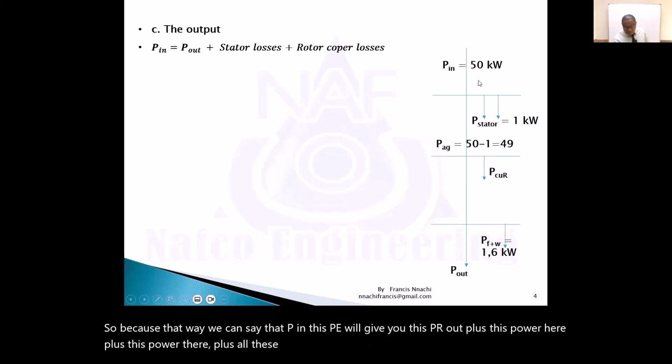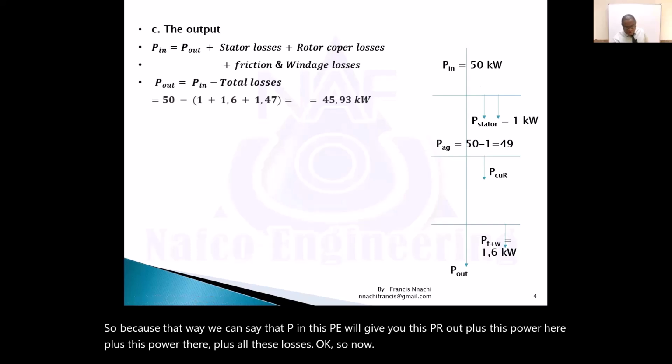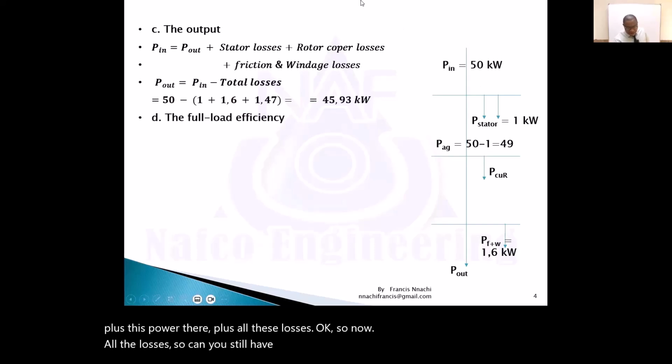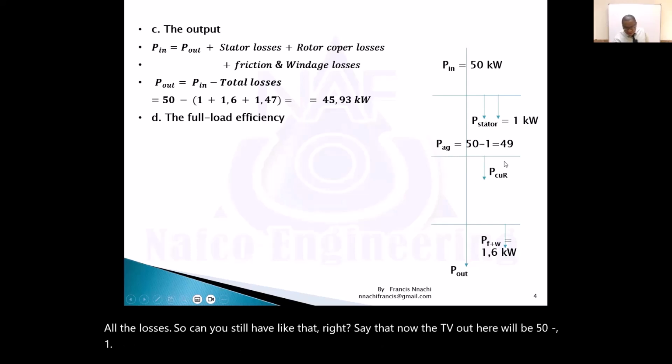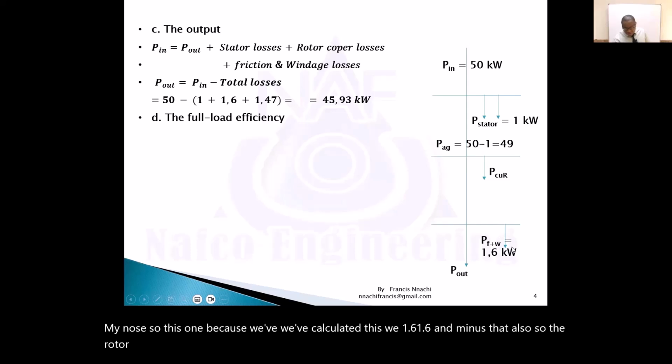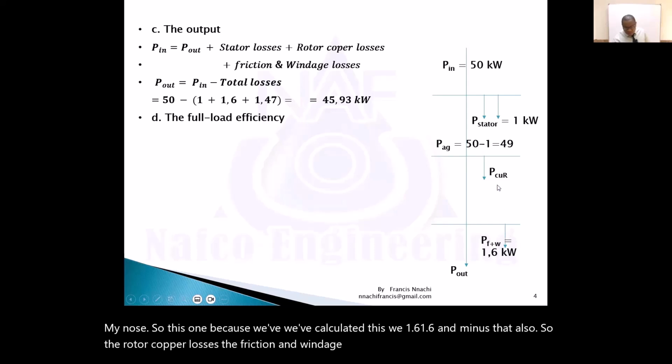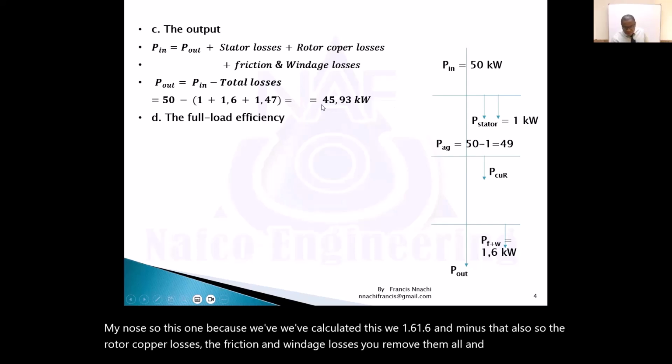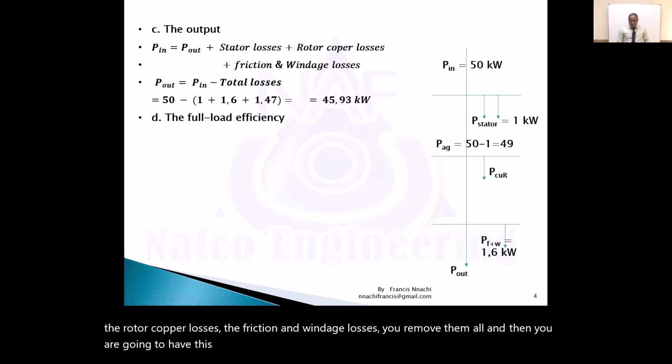So P out will be 50 minus 1 minus 1.47 minus 1.6. You remove the stator loss, rotor copper loss, and friction and windage losses, and you are going to have 45.96. Just check very well from your side if it's okay.